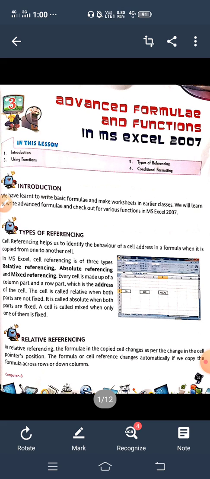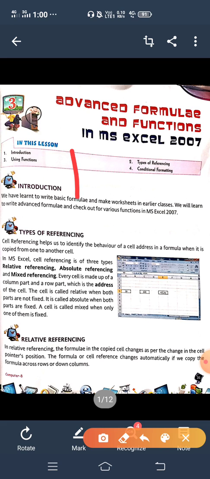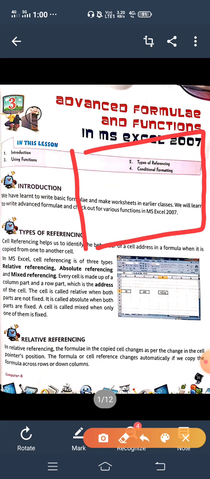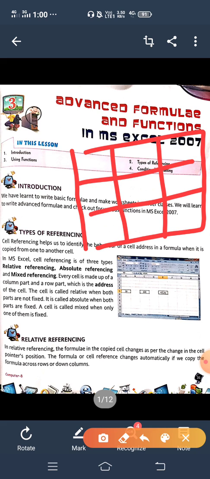Already we know each and every cell is made up of a column part and a row part. When you work on the worksheet, your worksheet will appear like this. It is divided into rows and columns.